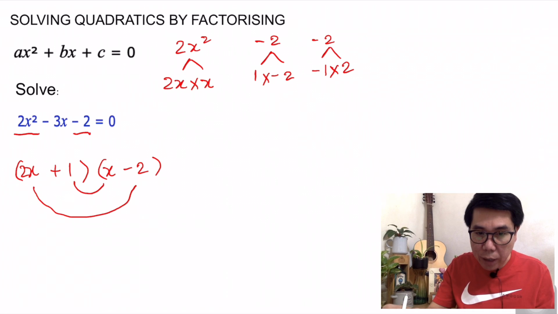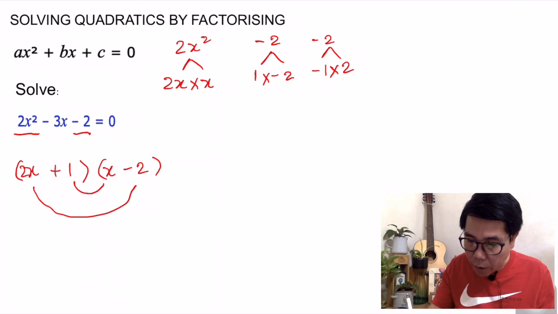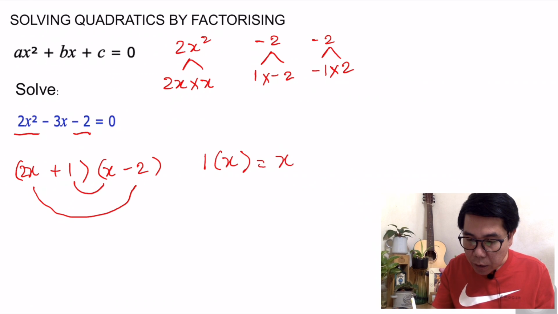So to try, we have 1 times x is equal to x, and then negative 2 times 2x is equal to negative 4x.